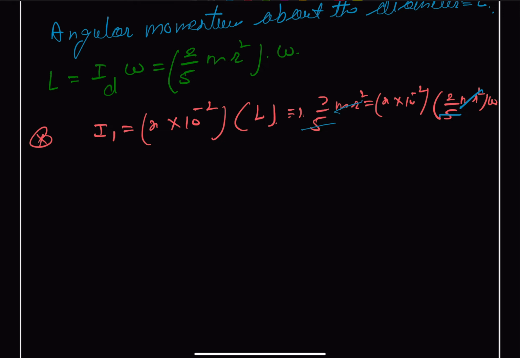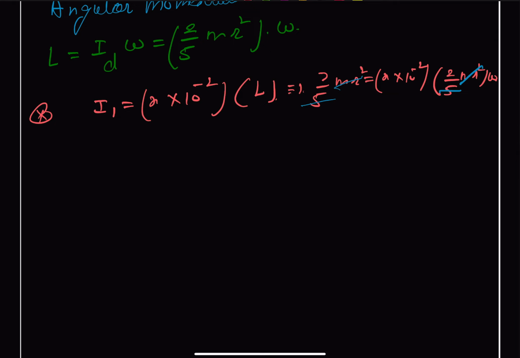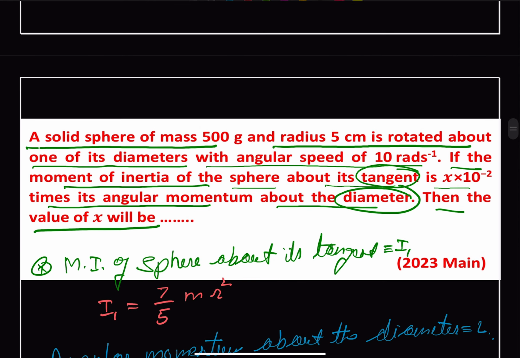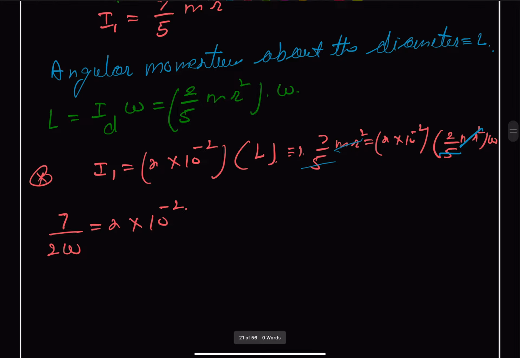So we are left with 7 upon 2 omega is equal to x into 10 to the power minus 2, and angular speed is given as 10.